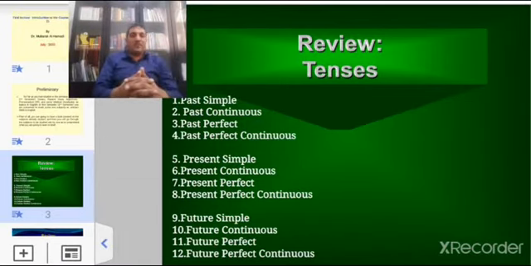For the future perfect, the opposite. I have to decide the completion, the end of the action. Today at 12 o'clock, I'll have completed teaching you, or completed the class or the lesson.